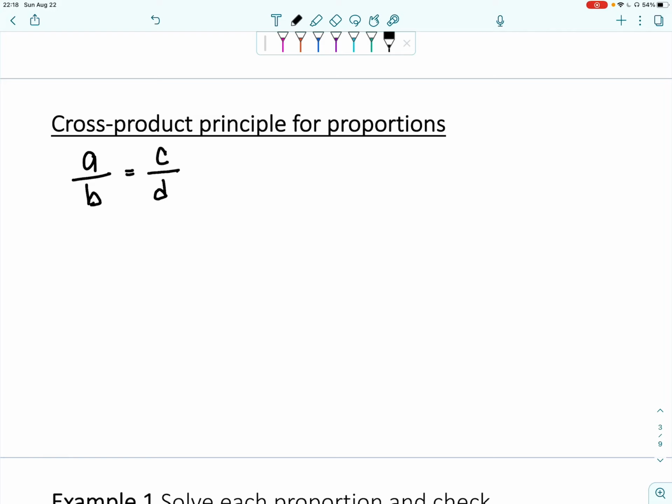I can use what's called the cross product principle, where I multiply A times D and B times C. So A times D is equal to B times C. And then I can solve if one of these values is unknown.